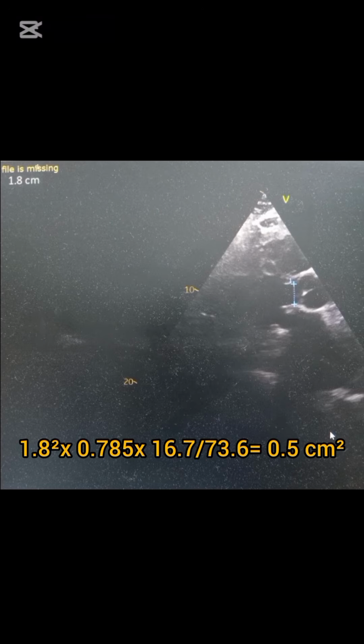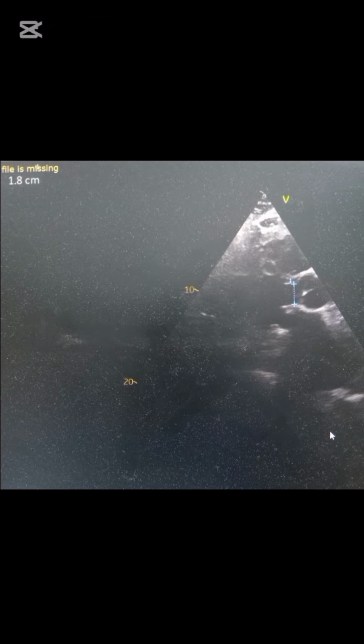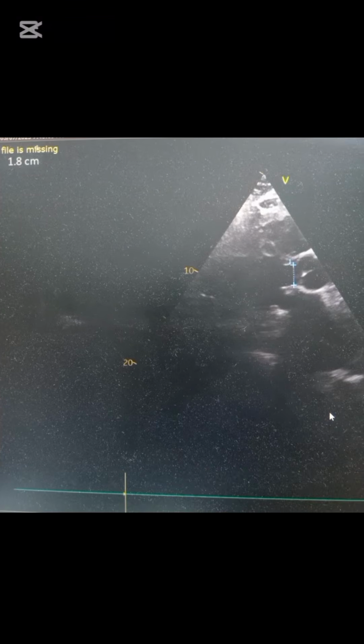Put it in the formula and you will find that the effective orifice area of this patient is 0.57 square centimeters, and an abnormal orifice area is less than 1.2 square centimeters. So the result is a significantly malfunctioning mitral prosthesis, because all of the parameters, the velocity, the mean gradient, the pressure half time, and the DVI are elevated, and the effective orifice area is decreased.